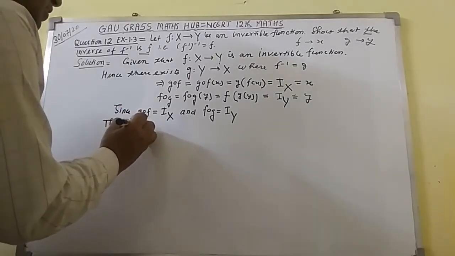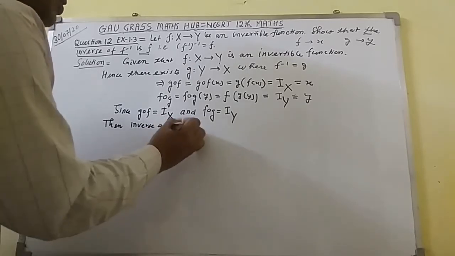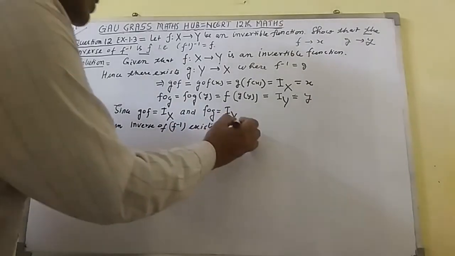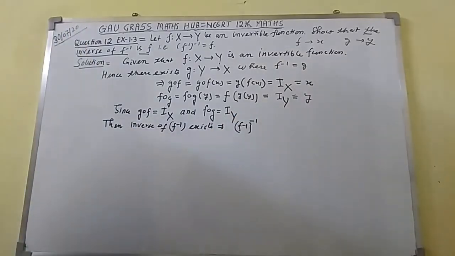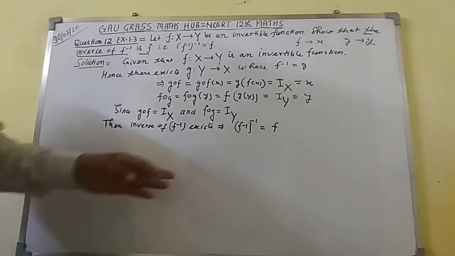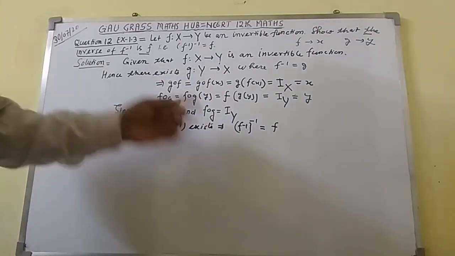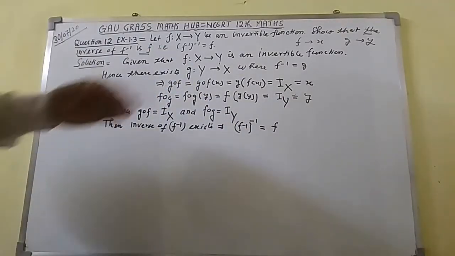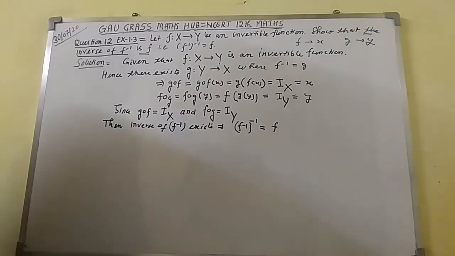This implies that (f inverse) inverse equals f, because f inverse equals g, so g inverse means the inverse of g is f and the inverse of f is g, because this is invertible. So this is the representation you have to show.